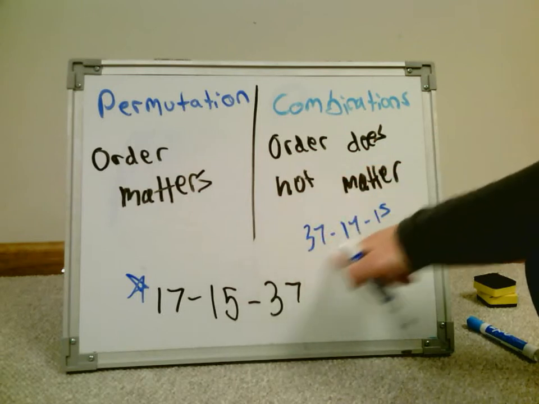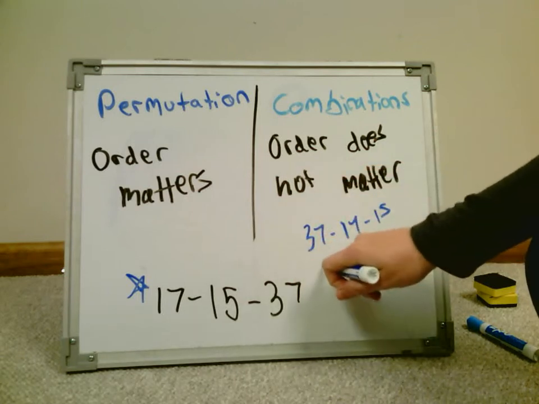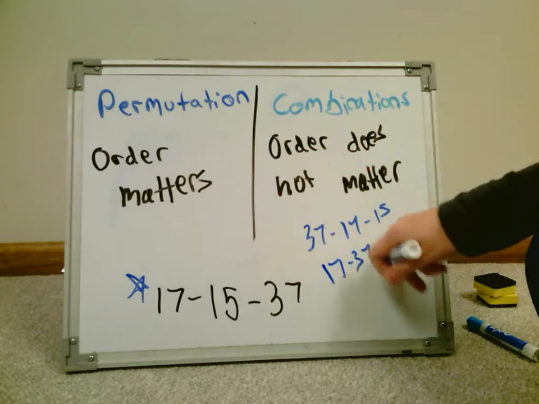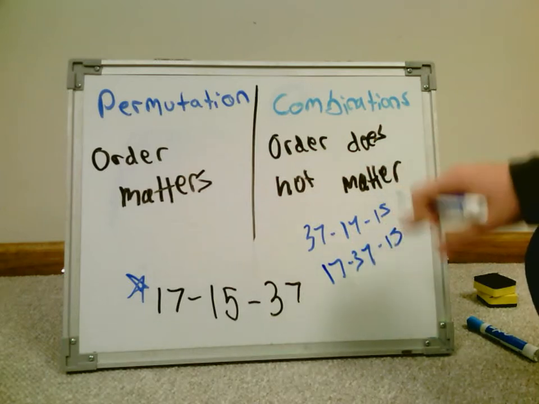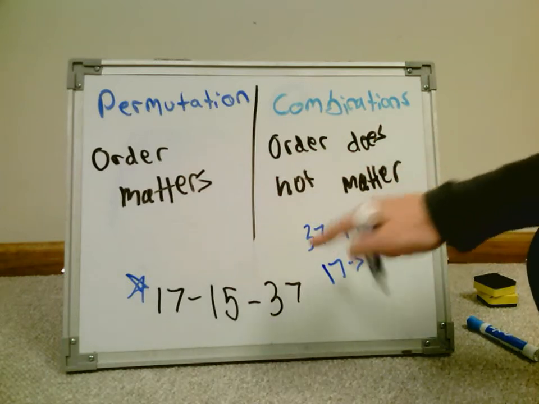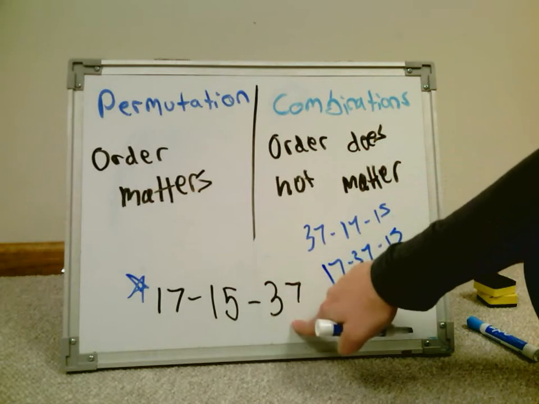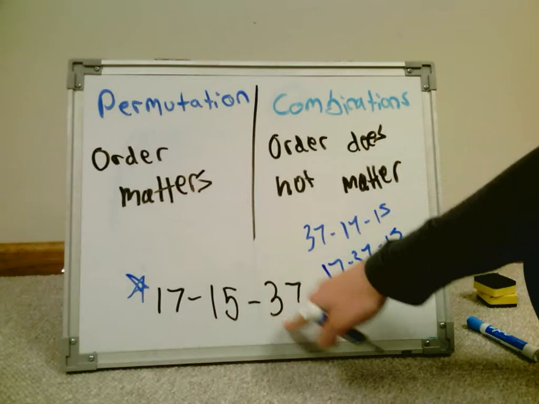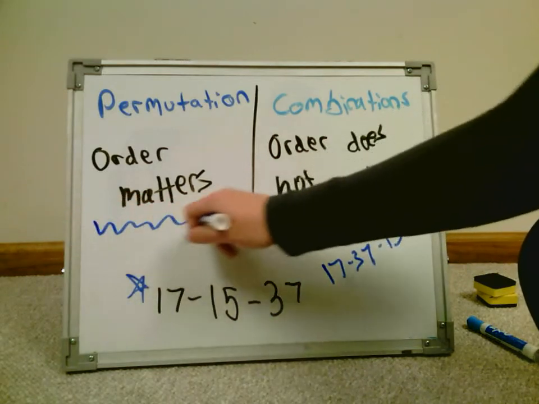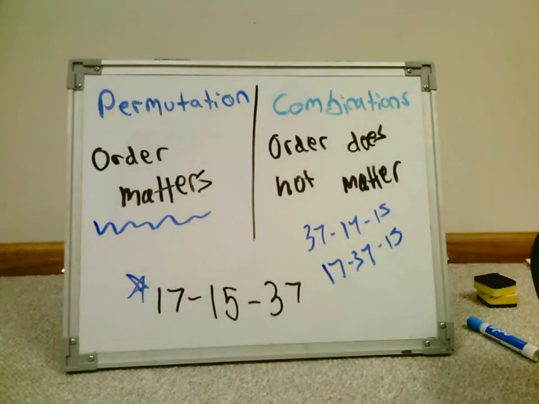And therefore, if you try this combination, or even if I tried 17, 37, and 15, it's still not going to work. Because with a locker code, order matters. So that's what makes it a permutation and not a combination.